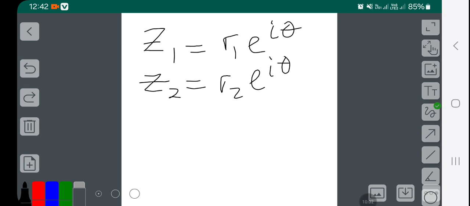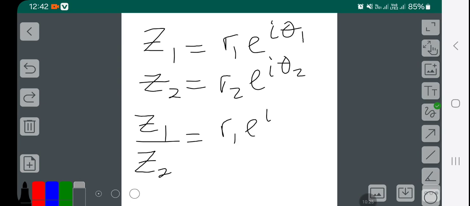Let me be specific here. Let's say the theta for z1 is theta 1, and the theta for z2 is theta 2, to show that they are different angles. When you are dividing z1 by z2, you take z1, which is r1 e^(i theta 1), all over r2 e^(i theta 2).